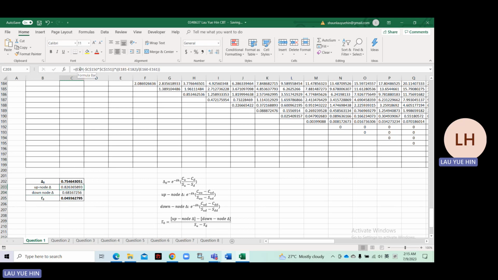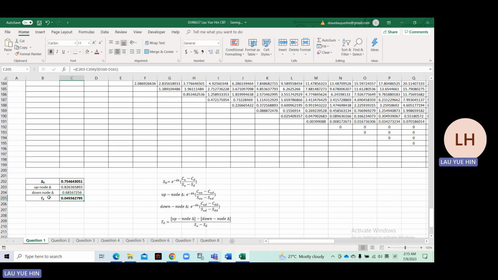the up node delta's formula is exponential power minus delta times H times CUU minus CUD divided by SUU minus SUD. And the down node delta is exponential power minus delta times H times CUD minus CDD divided by SUD minus SDD.